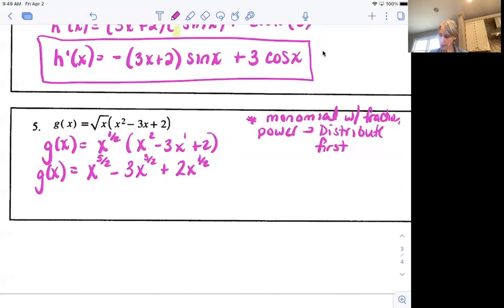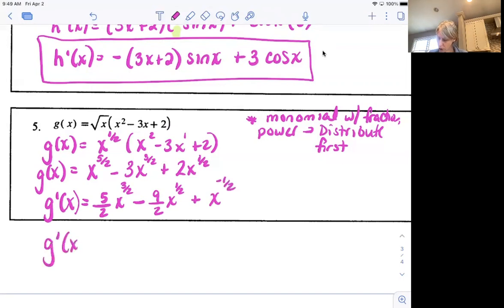Now I can apply my rules. 5/2, x to the 5/2 minus 1, 3/2, 9/2, 3/2 minus 1, 1/2, times 2 is 1, negative 1/2.